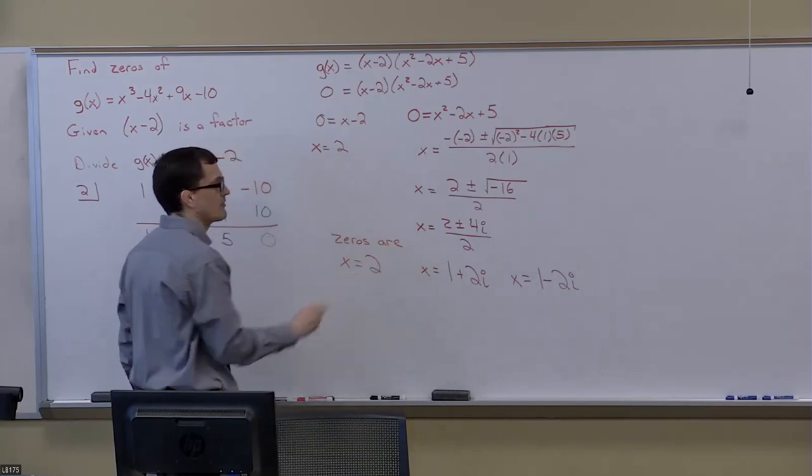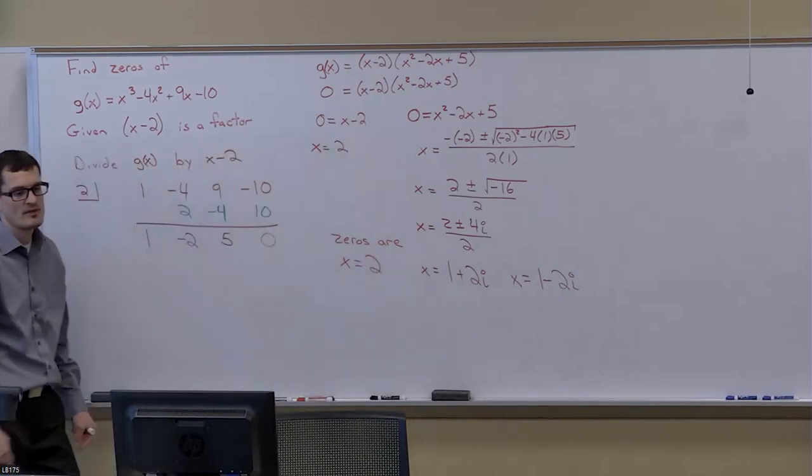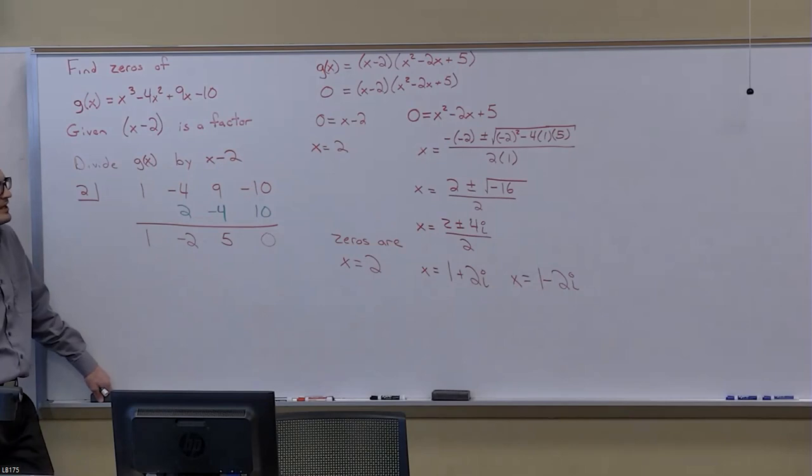And here are our 3 zeros. One of them is x equals 2 because of that linear factor. And then that quadratic factor generates 2 complex zeros.